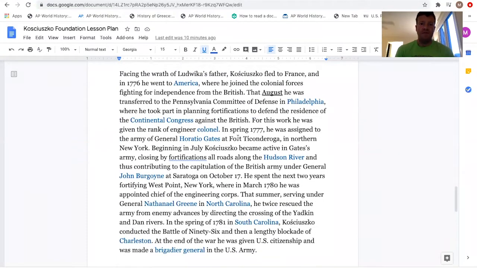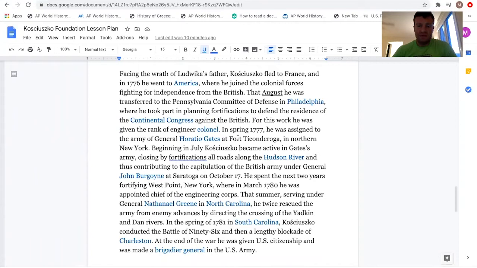Facing the wrath of Ludwika's father, Kosciuszko fled to France, and in 1776 he went to America, where he joined the colonial forces fighting for independence from the British. That August, he was transferred to the Pennsylvania Committee of Defense in Philadelphia, where he took part in planning fortifications to defend the residents of the Continental Congress against the British. For this work, he was given the rank of engineer colonel.